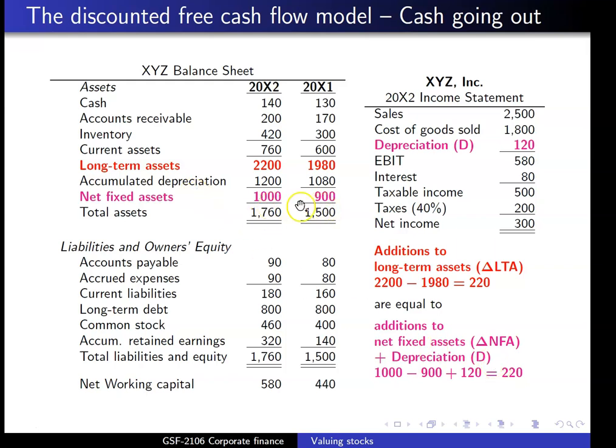The change in net fixed assets, what is it? It's 1,000 minus 900, that's 100. If we add depreciation to this number, it gives us 220. So additions to long-term assets, so capital expenditures, is equal to additions to net fixed assets, so assets after depreciation, plus depreciation.